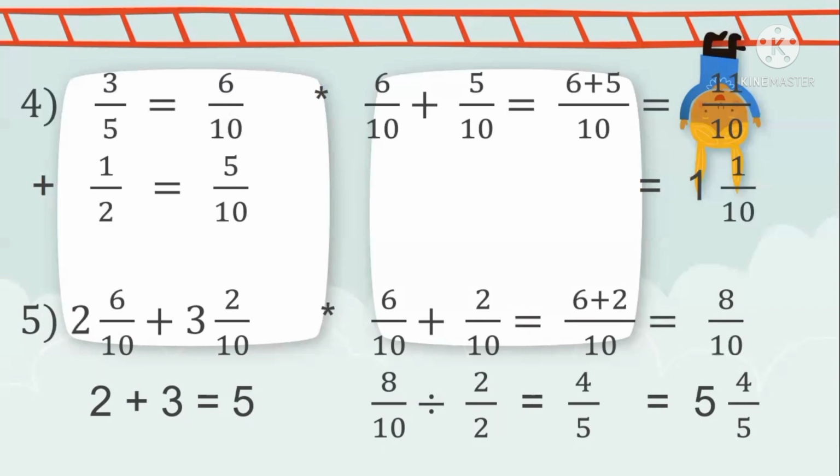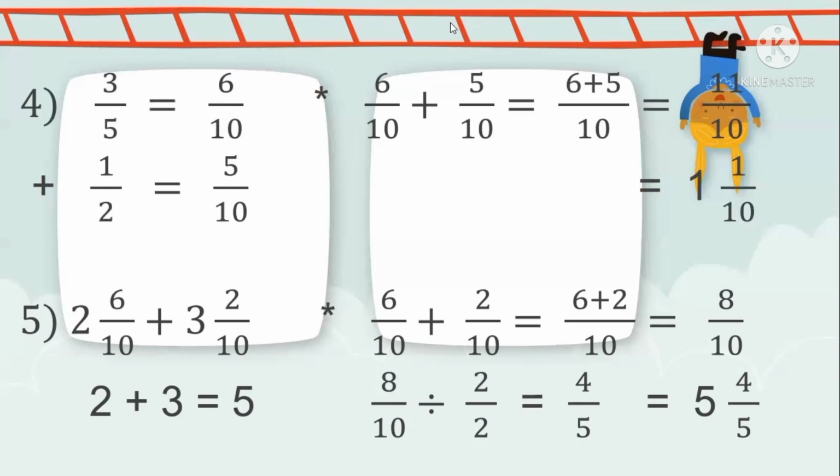So we have 4/5. Just simply attach the set aside sum of your whole number, which is 5. So 5 and 4/5 is our final and simplified answer.